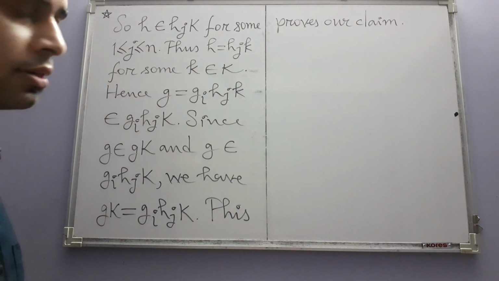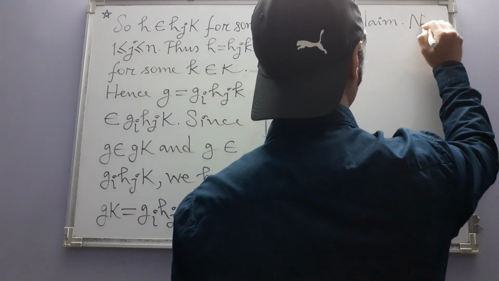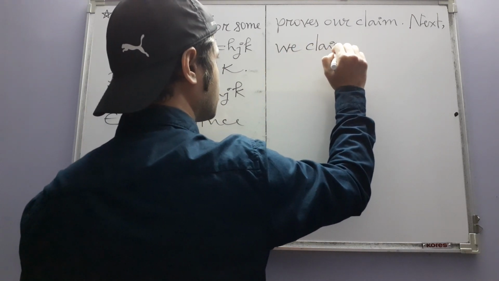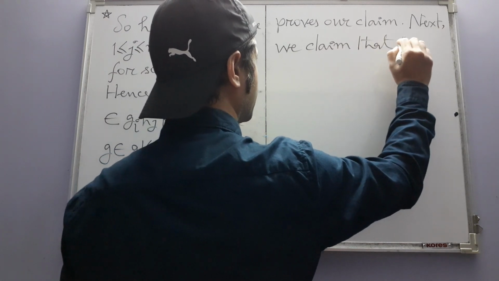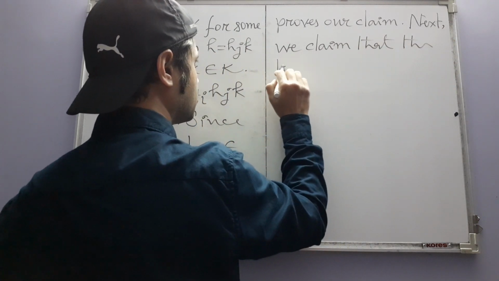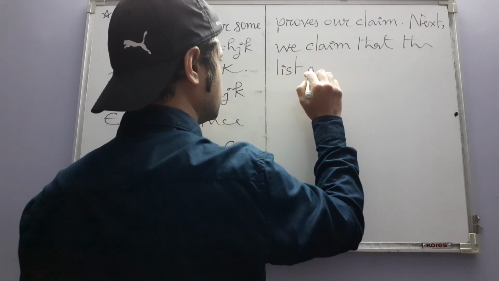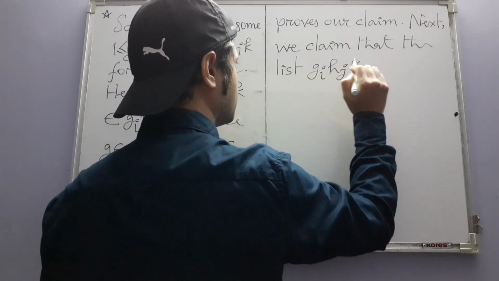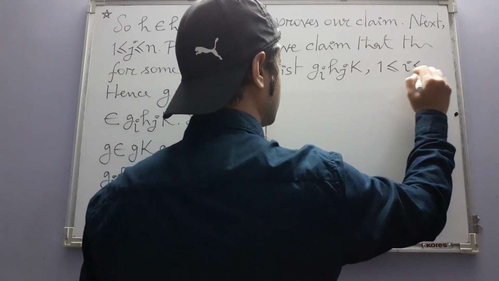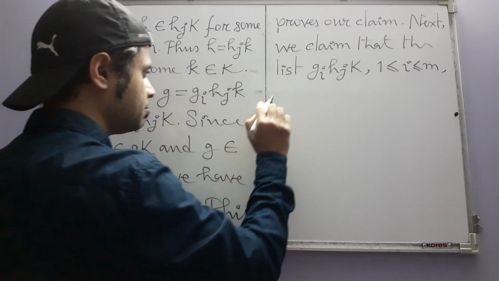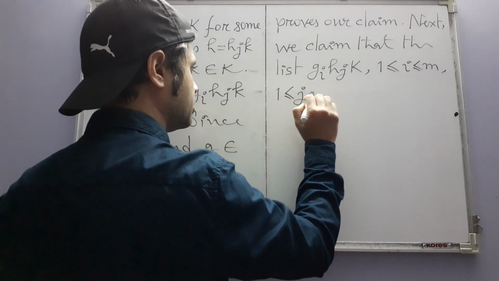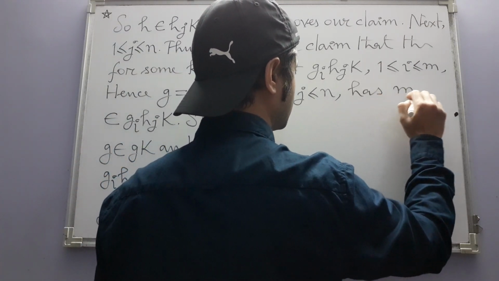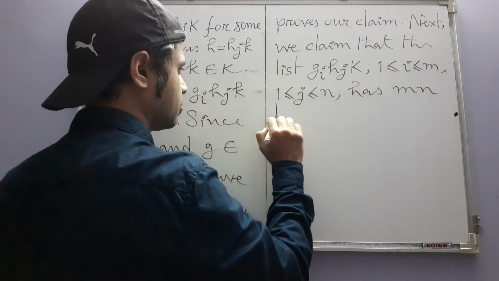Okay, now we are going to make the next claim. Next, we claim that the list, that is our list GI HJK, where I varies from 1 through m and j varies from 1 through n, has mn left cosets.